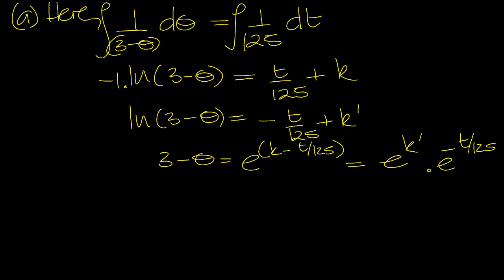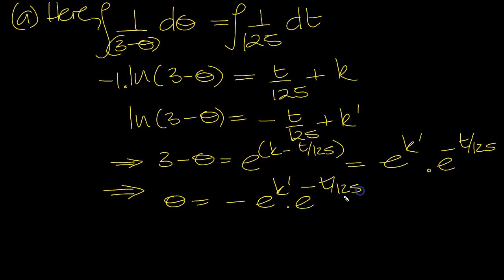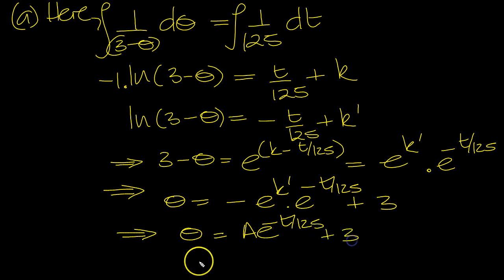Okay, so I split that up, and then theta. So theta is equal to 3, and then move this over here, so it's minus e to the k dashed times e to the minus t over 125, plus the 3 that's already there. Theta is equal to A e to the minus t over 125 plus 3 is our solution.